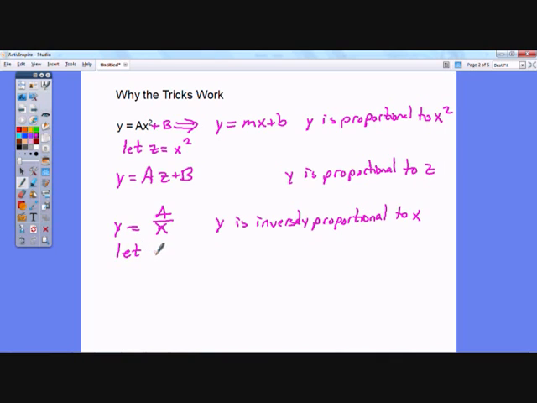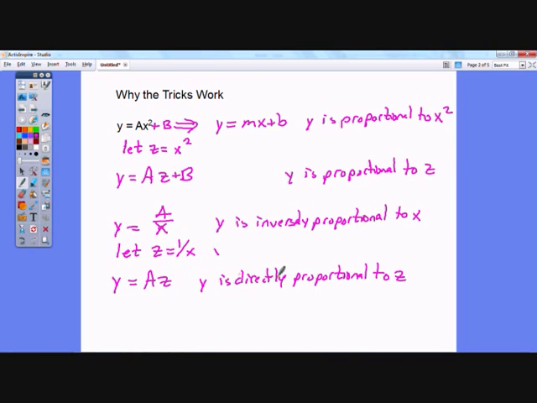If we simply let z be whatever has been done to x, if we say z is 1 over x, now we can write this and then rewrite it. We can say, okay, well, z is 1 over x, so y is a times z. Well, to that, we can say y is directly proportional to z. That's a line.